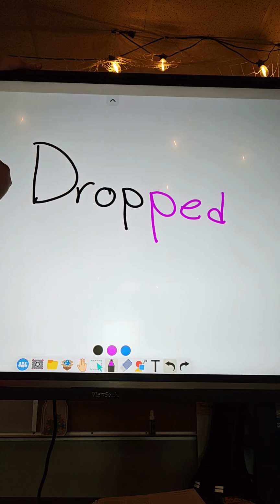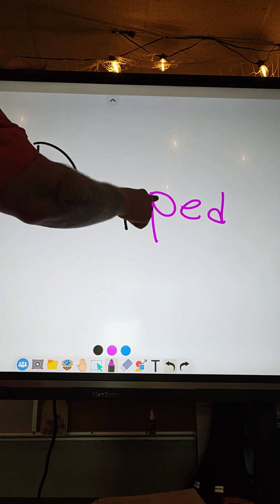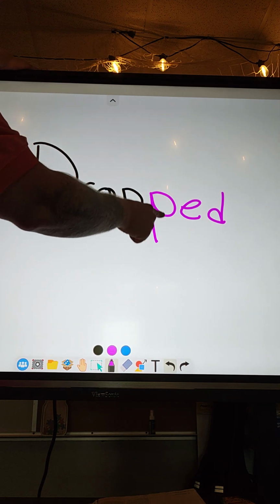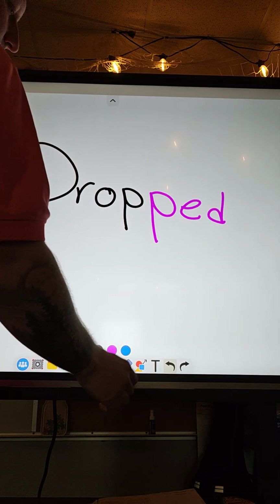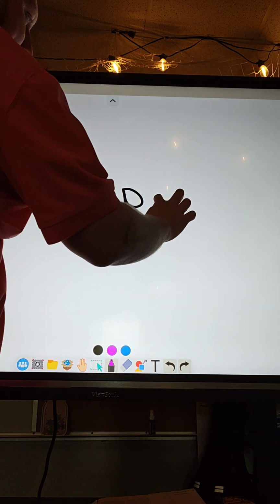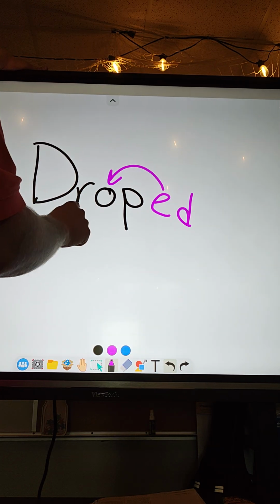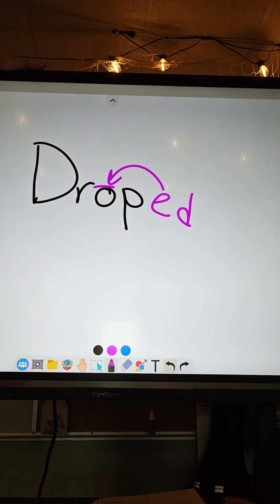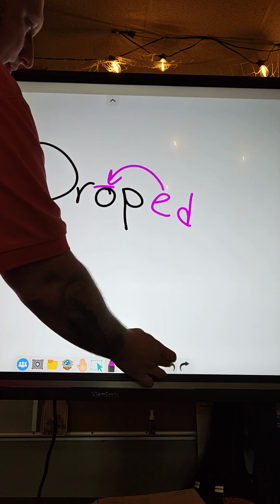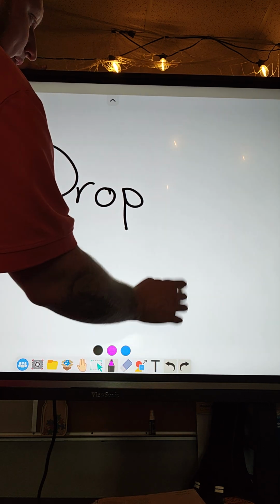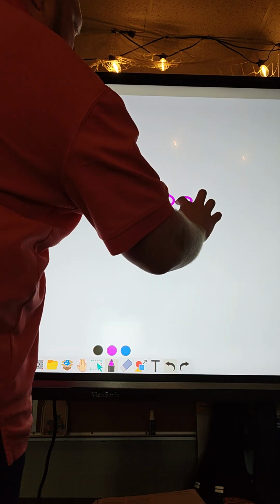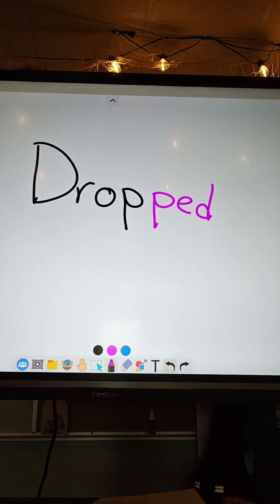I dropped something. If you're wondering why you need that second P, because if you just put ED, look, silent E jumps. Now you have droped. Droped is not a word. So what is a word is dropped. Add the P and then add ED. I dropped something yesterday.